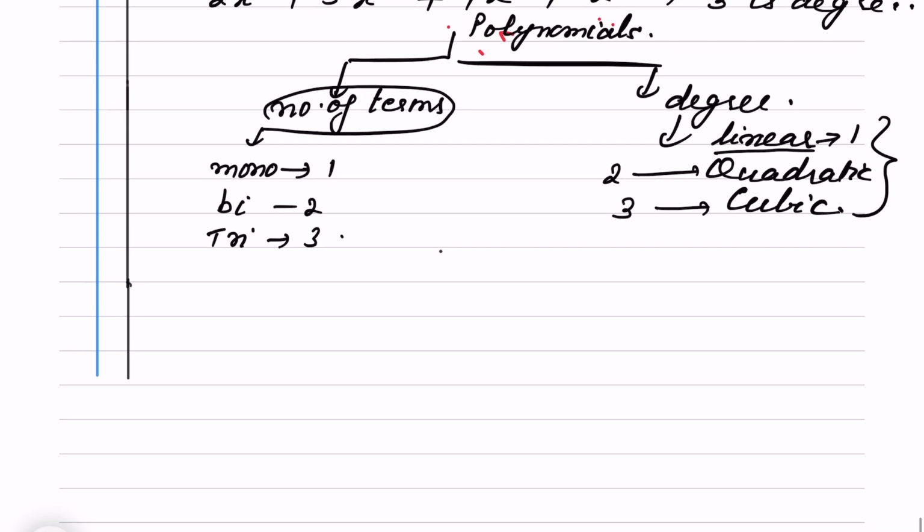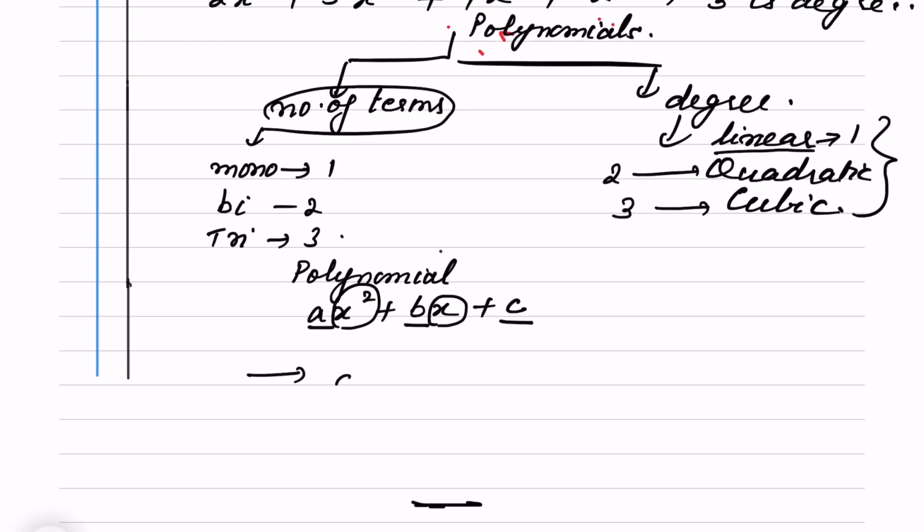When we write the standard form of any polynomial, we always write it like ax square plus bx plus c, where a, b, c are real numbers and the power of the variable is a whole number. So the standard form we always write in decreasing order of degree.